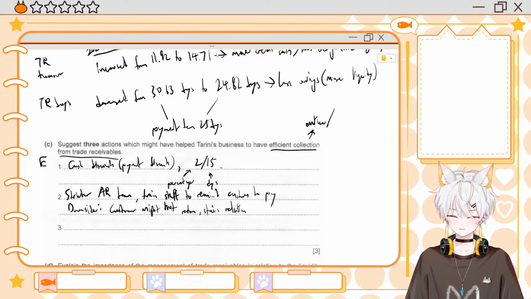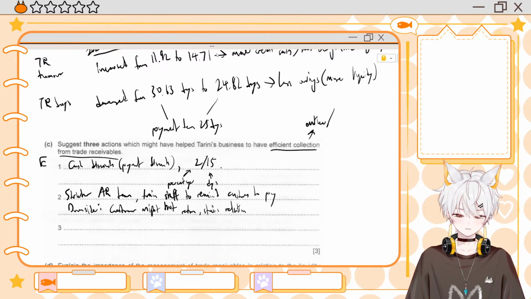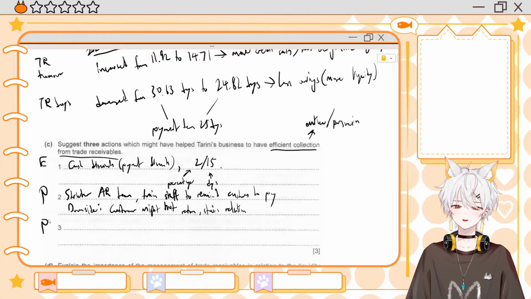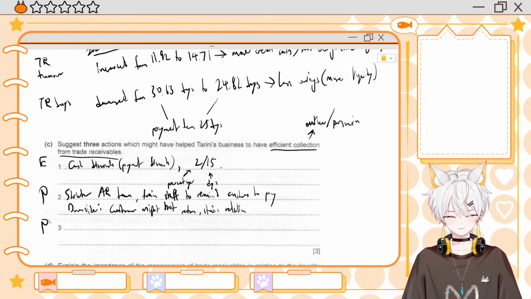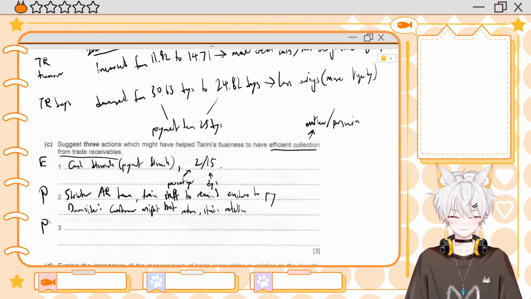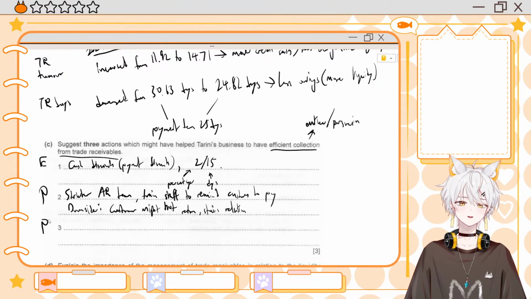Enticing should be fine, rewarding them. The next one wouldn't be called punishing. I'll say maybe persuasion. I'll call this persuasion. It still starts with P. You know what? It's fine. So what was I thinking for this? More efficient collection. So it's either faster or more amount, right?